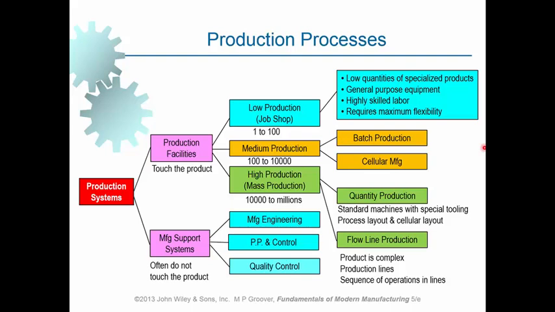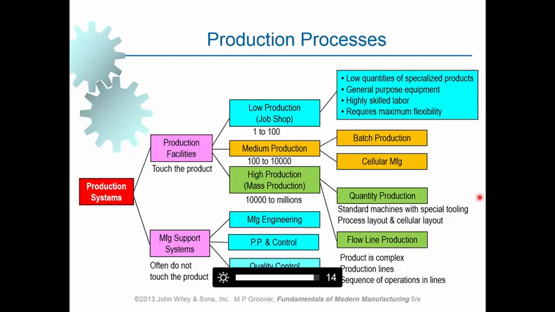And the story of cellular manufacturing is totally different. We divide all the machine tools in the manufacturing firm into a number of machine cells. Each of the machine cells is specialized in producing one or a group of similar parts. And as I said before, this will not be discussed further in this unit. In the case of high production, or mass production, a large number of parts, of course with low variety, are produced.